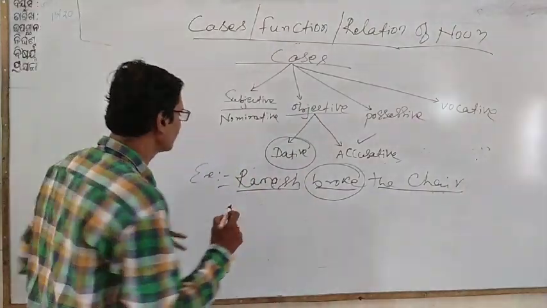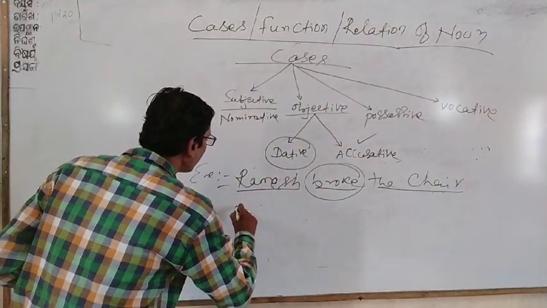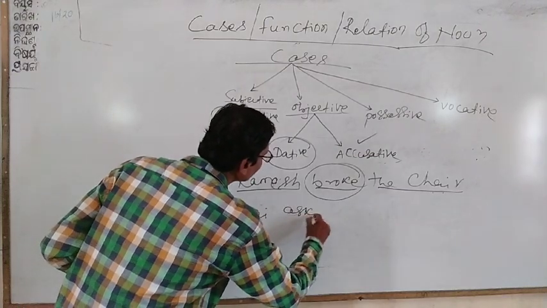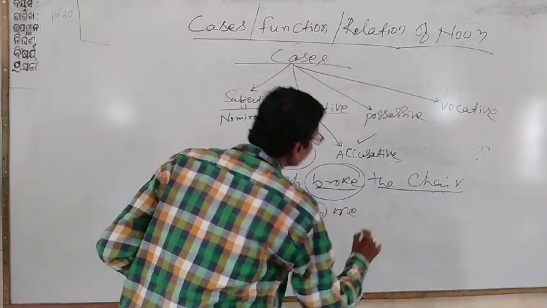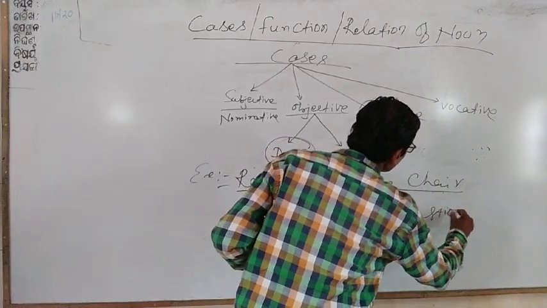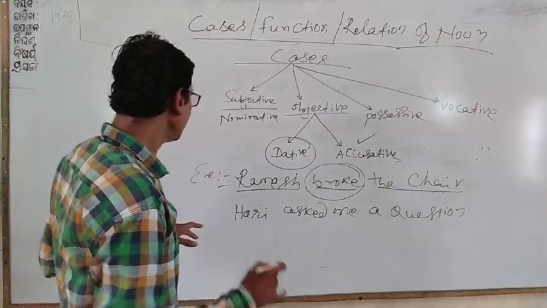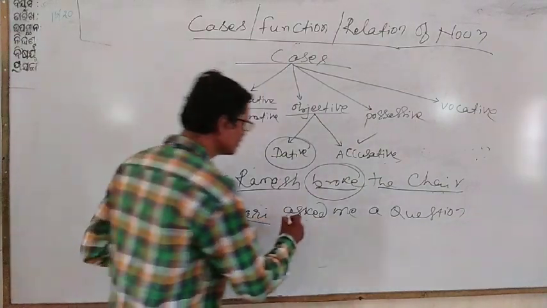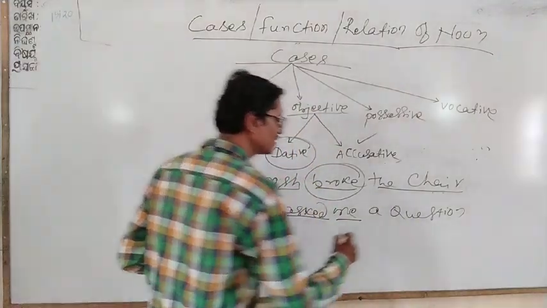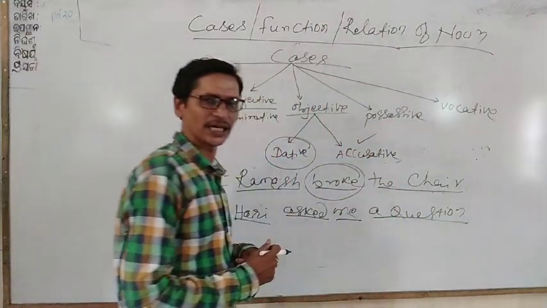Another thing, let me tell you. Hari asked me a question. See, here Hari is the subject, asked is a transitive verb, me is an object, a question is another object.